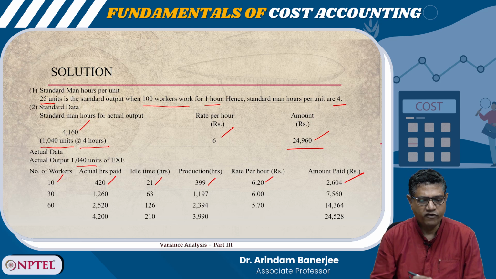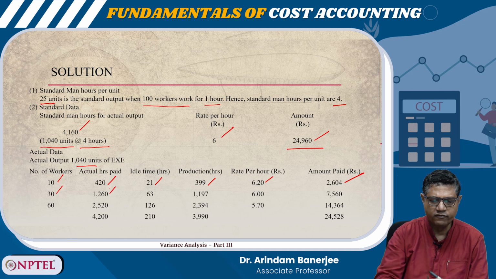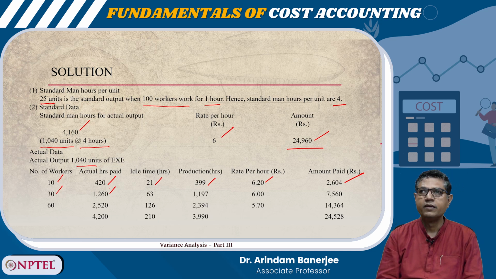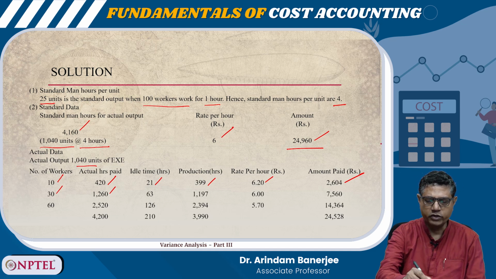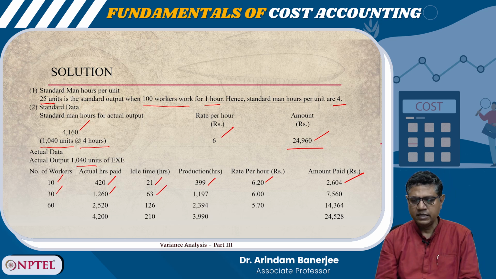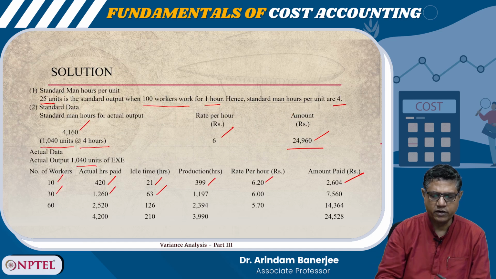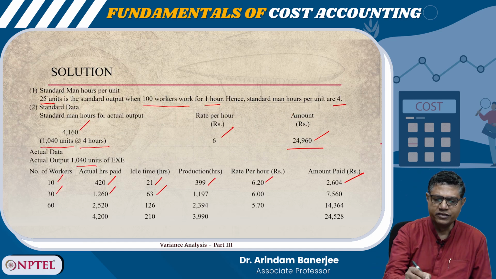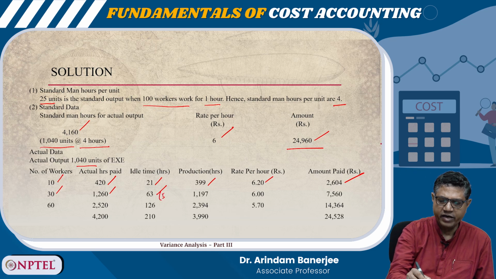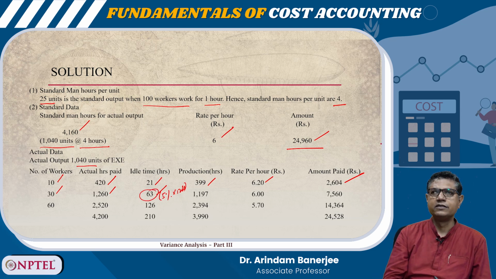For 30 workers, actual hours paid 1260, idle time is 63. This is coming from 5%: 5% of 1260 comes to 63. Same with the other cases also.